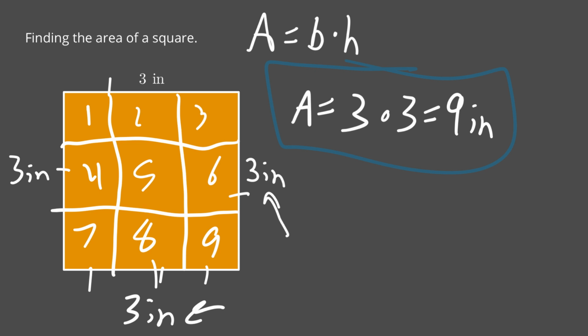Now let's have a quick talk about units. You may have noticed that I wrote inches. Well, inches is not actually correct because we have 3 inches times 3 inches again. So we will also have to square our units. So our final answer is 9 square inches, or 9 inches squared.